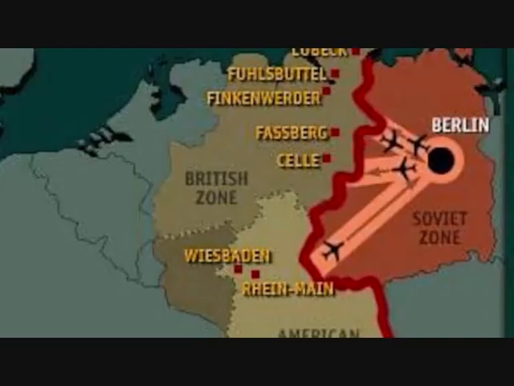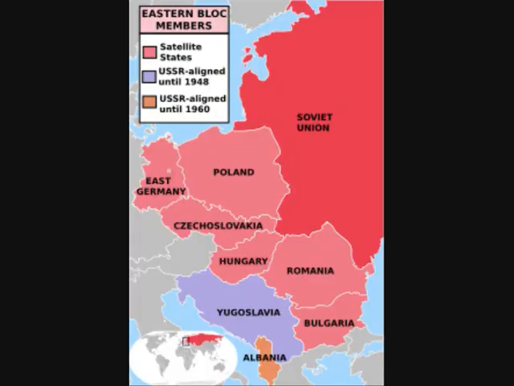Tensions between the Soviet Union and its former allies reached their peak in 1949 as a result of the blockade of West Berlin. All this happened against the backdrop of the establishment of communist regimes in the countries of Eastern Europe controlled by the Soviet Union and active support for the then strong communist movement in Western Europe.